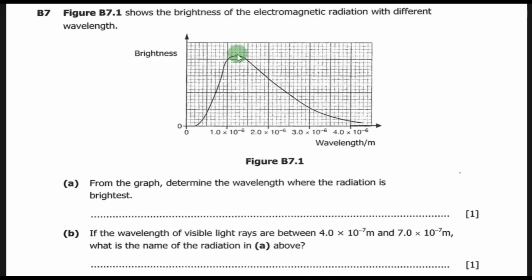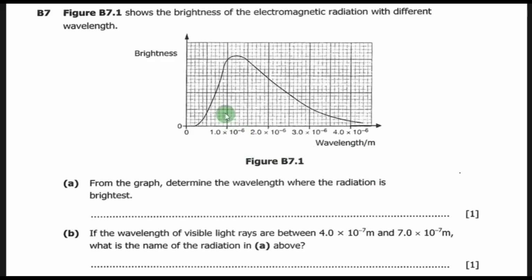When we come down, where we are supposed to know the wavelength, we come down at this line here. There are lines where they've put numbers. This line here is 1.0 times 10 to the power negative 6 meters.